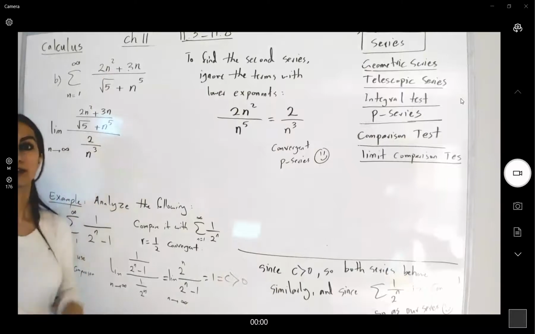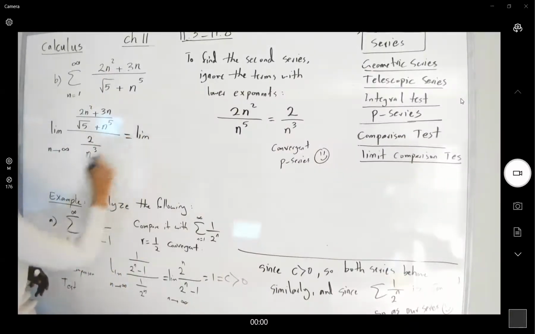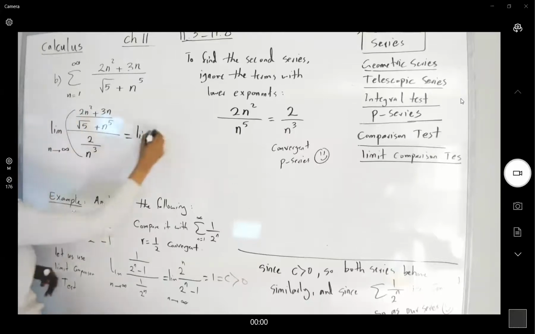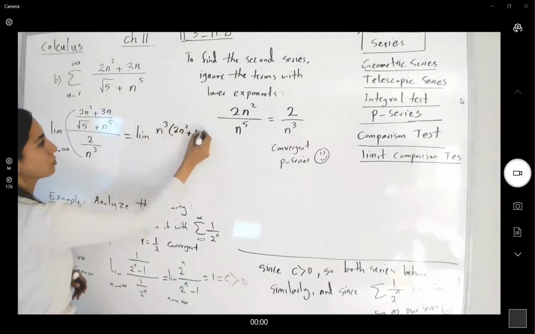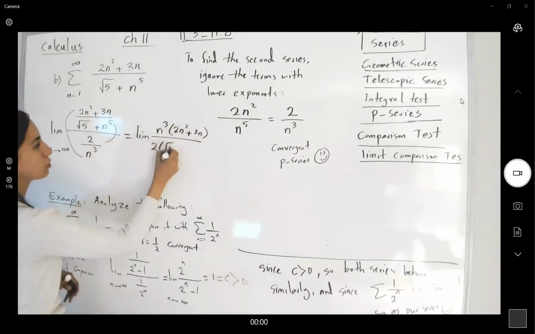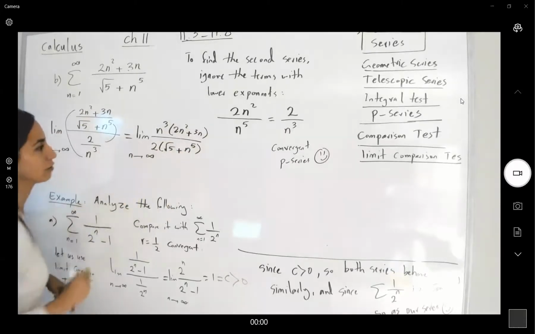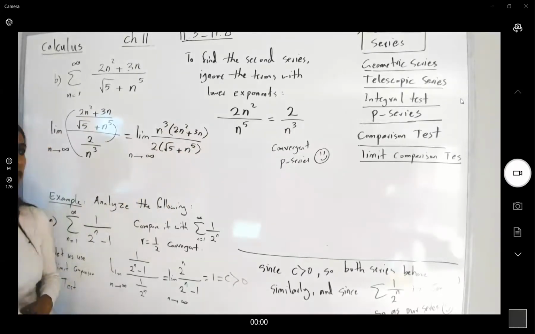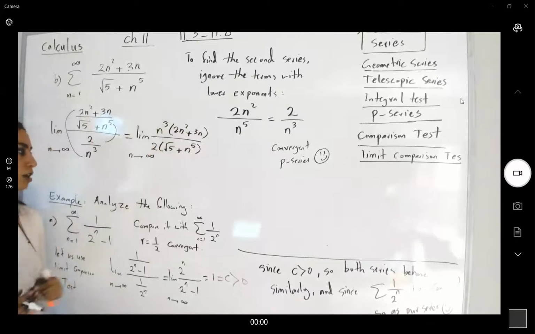We're getting back to elementary calculus, finding the limit. So this is the limit of, multiplying these two together, n to the 3rd times 2n squared plus 3n, divided by, multiplying these two, 2 times the square root of 5 plus n to the 5th, as n approaches infinity. Since n approaches infinity, we are only dealing with the largest exponents on the numerator and the denominator.